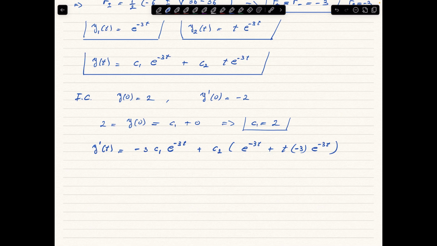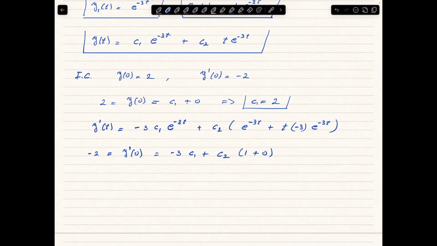So now the condition is that -2 has to be equal to this derivative at 0. If we put 0 here, we get a 1. If we put 0 here, we get a 1, and if we put 0 here, because of that, we get a 0. So this is going to be -3 c1 plus c2 multiplied by 1 plus 0.